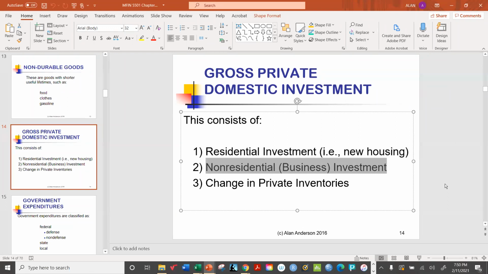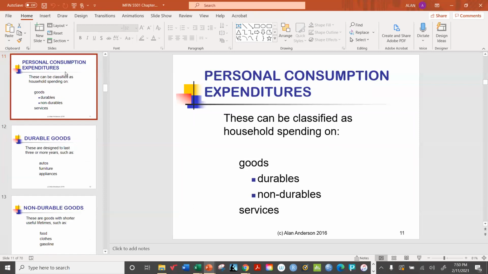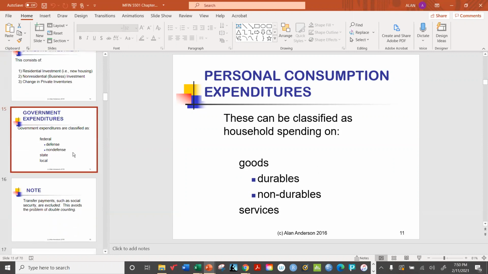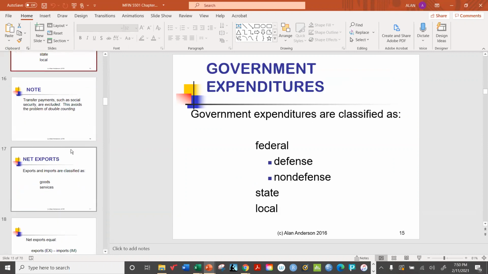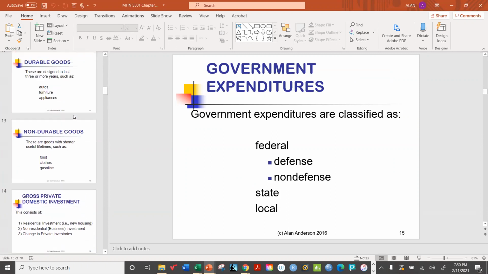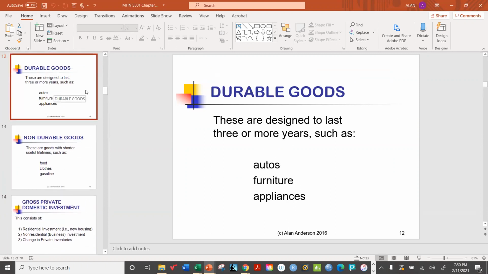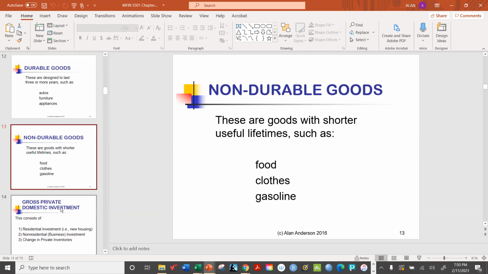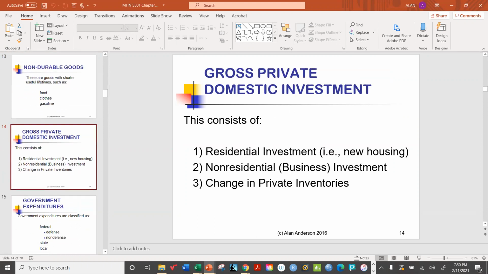Whereas if I, as an individual, buy a blender, it ends up under consumer goods because I'm not using it to make money and I'm not a business. So sometimes the goods themselves can end up in multiple categories depending on who's buying them and for what reason. Anything that's bought for the express purpose of producing goods and services could be defined as non-residential or business investment.